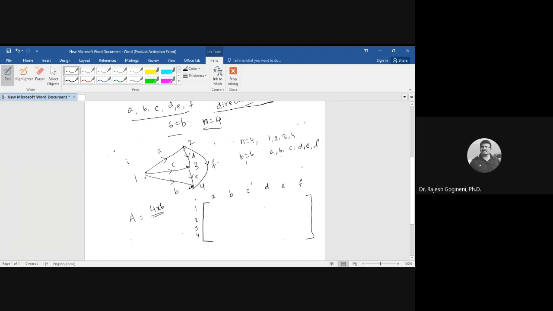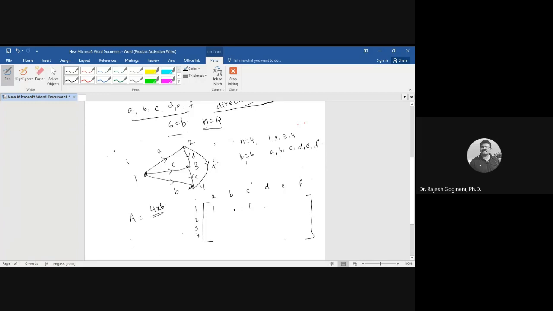First, for node 1, that means the entries of the first row. How many branches are incident on node 1? 3. What are those?